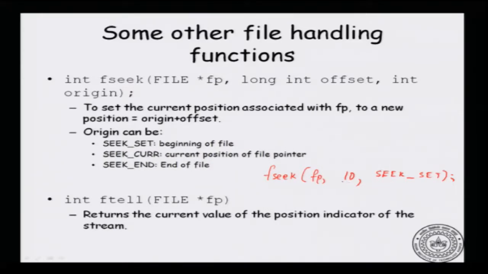If I know that I want to read from the 10th byte, then I can say start from the beginning of the file, SEEK_SET says the origin is the beginning of the file, plus 10 bytes. So, this is 10 bytes from the beginning.